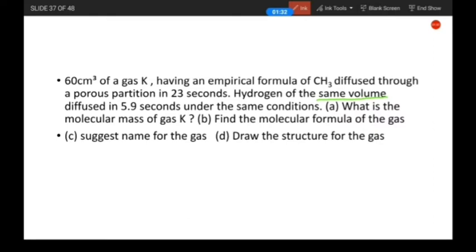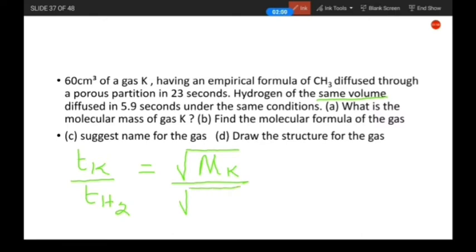If you go back to the derivation of the formulas, you quickly recall that we have a formula like time of K over time of hydrogen gas is equal to the relative molecular mass of K all over relative molecular mass of what? Of hydrogen. And this is the formula we derived together because they have the same volume.